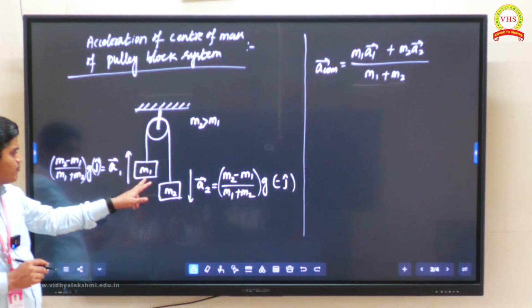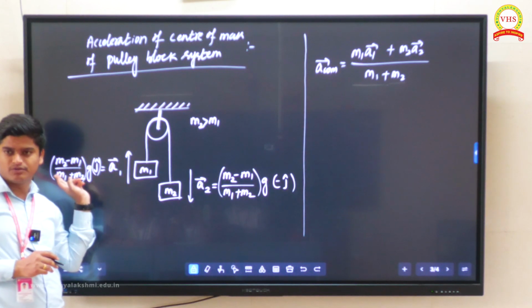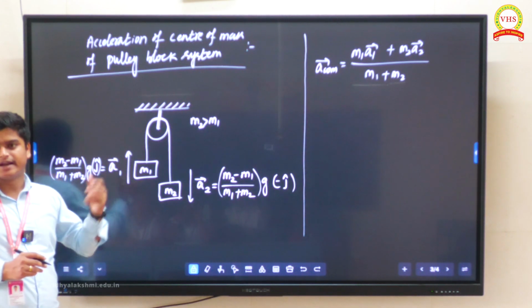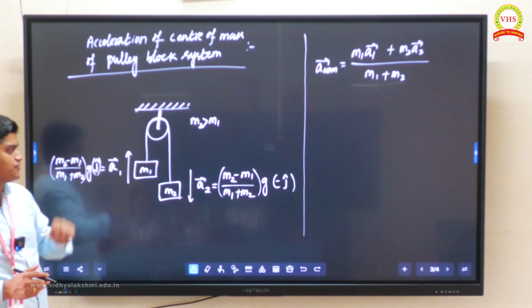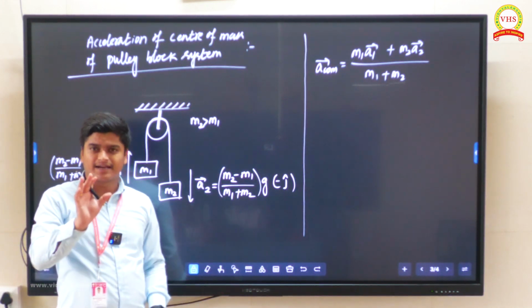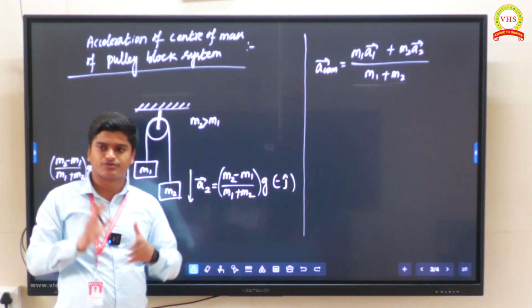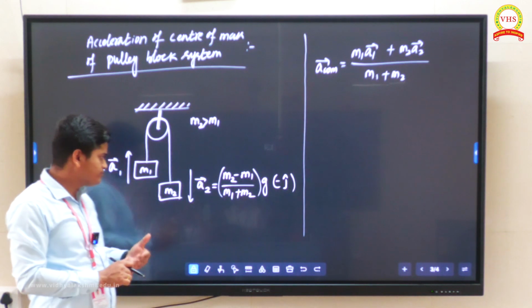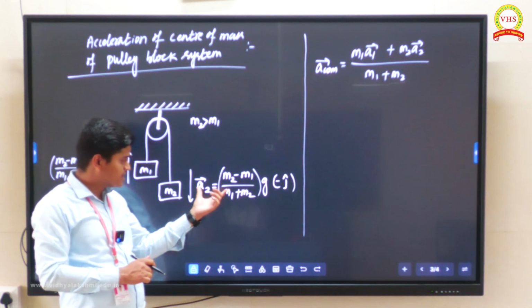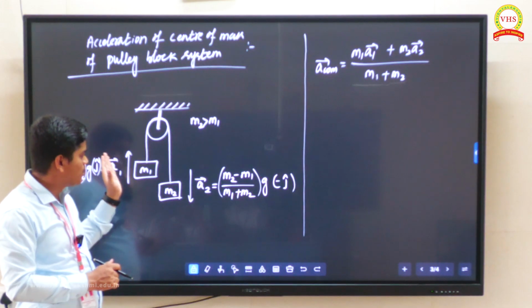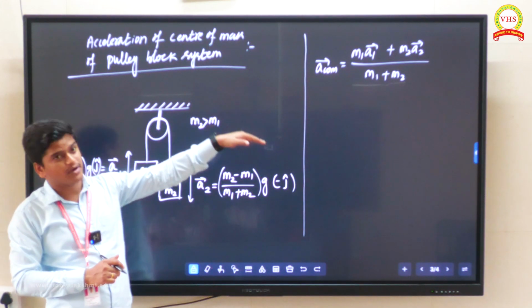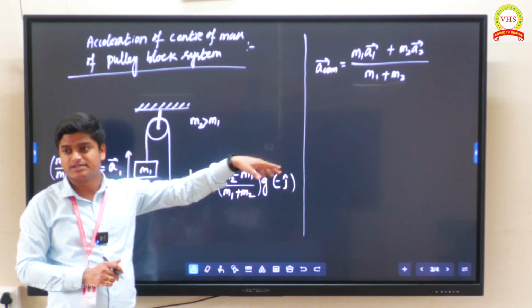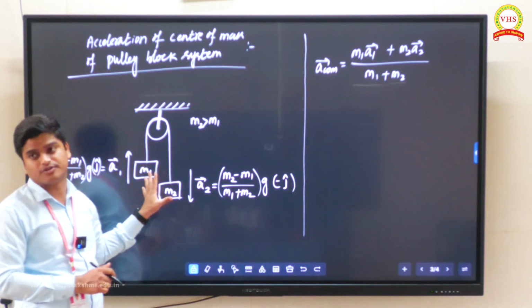Already I know M1, and A1 also I know. Now let's substitute and get the answer. After getting the answer, you can remember it directly for any entrance questions. This one is the acceleration of each block, but what I am going to calculate now is the acceleration of center of mass of the system.